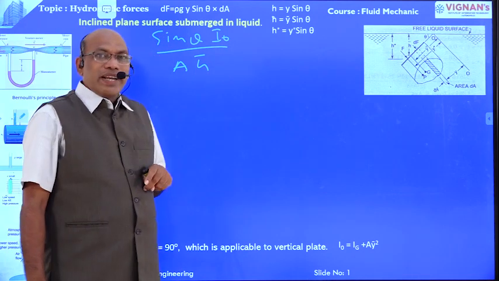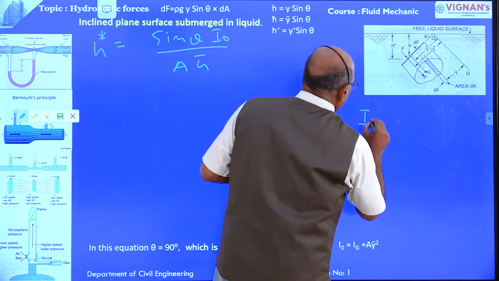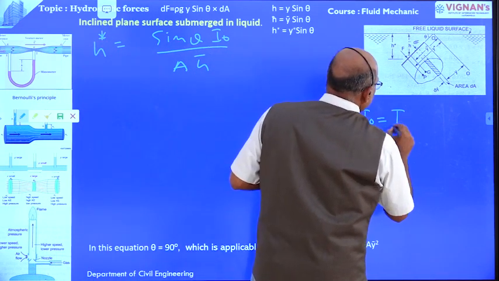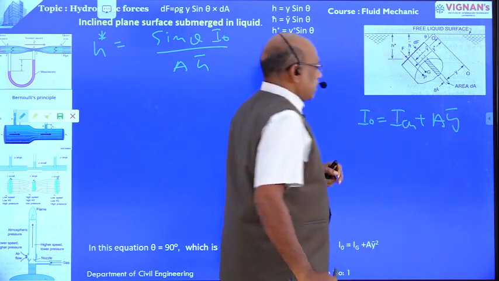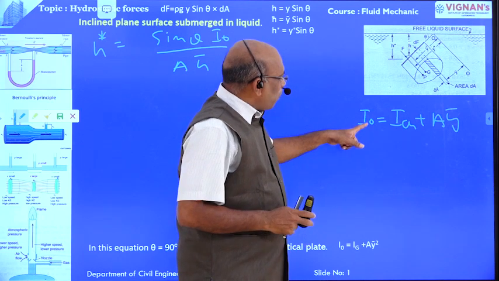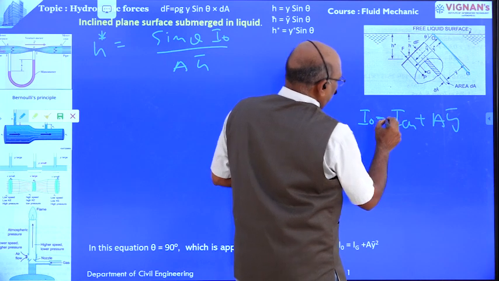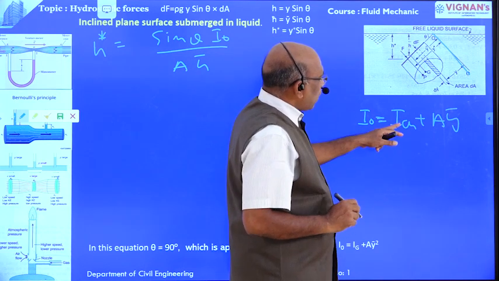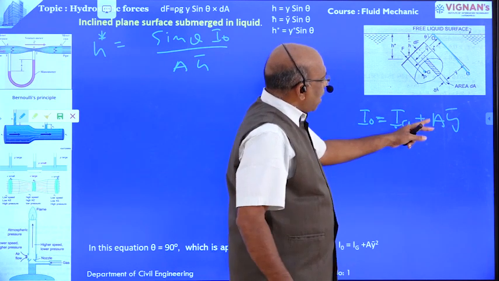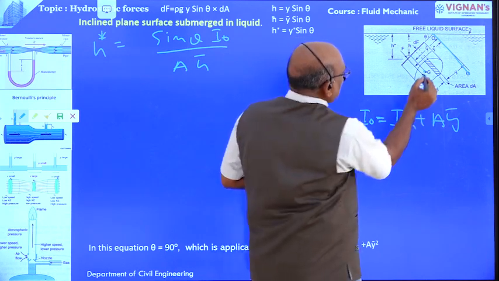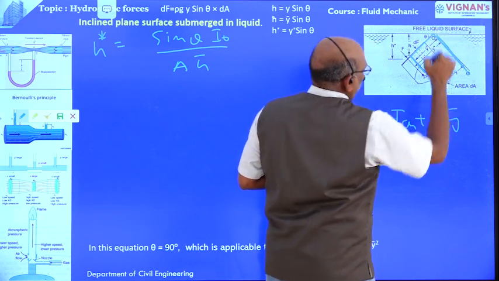But based on the parallel axis theorem, I0 is equal to ICG or IG plus A y bar square. I0 is the moment of inertia about the axis OO, ICG is the moment of inertia about the CG, and y bar is the distance from the CG to the axis OO.